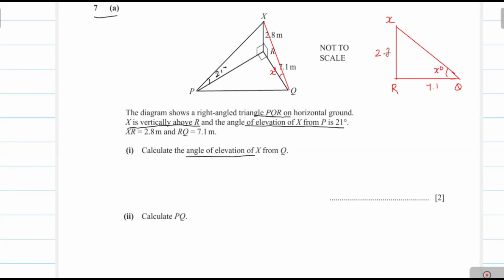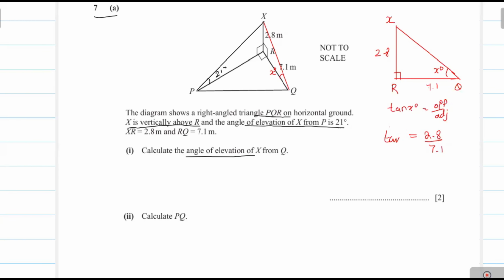Now you see here, this is the opposite side and this is the adjacent side of the right angle. Therefore, we write tan x degrees equals opposite over adjacent side, and the opposite side is 2.8 over 7.1.